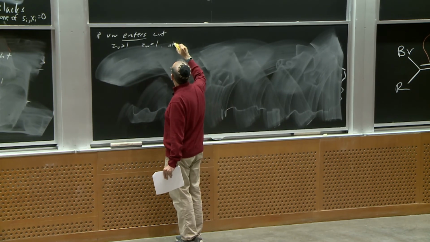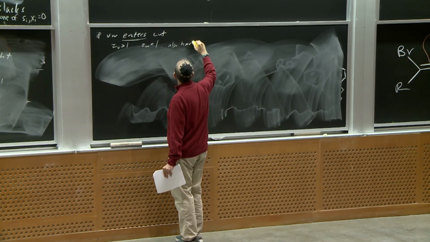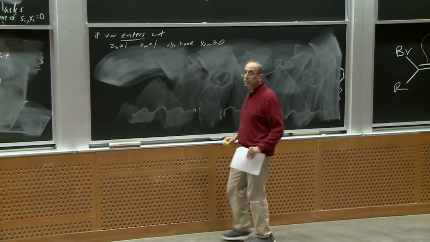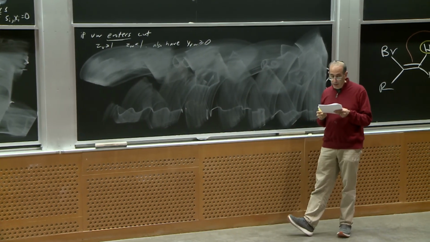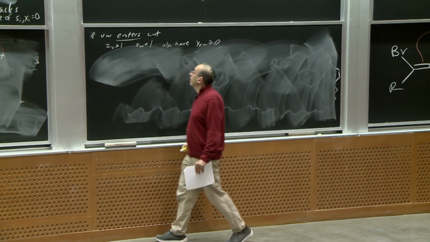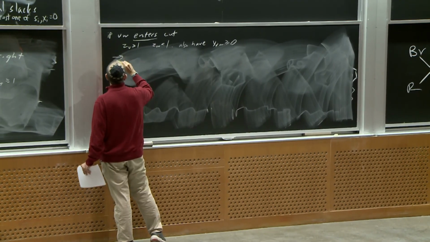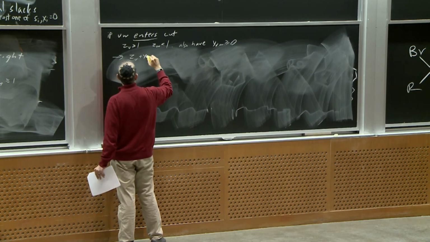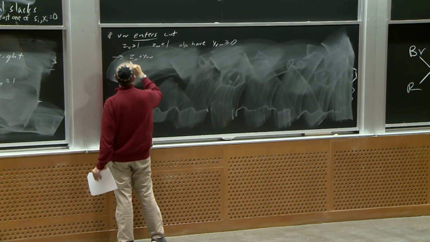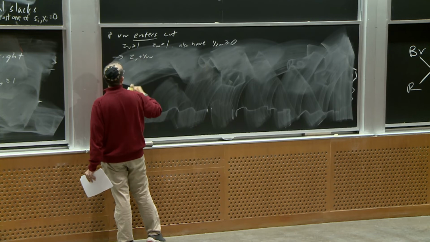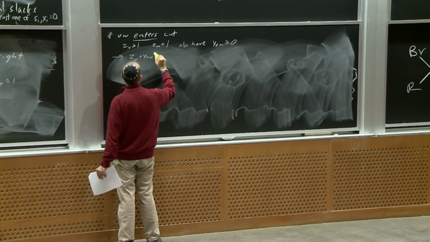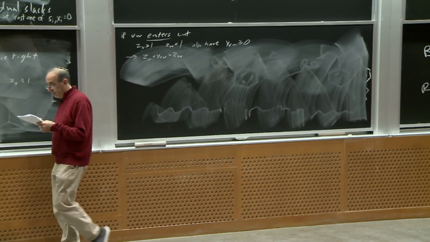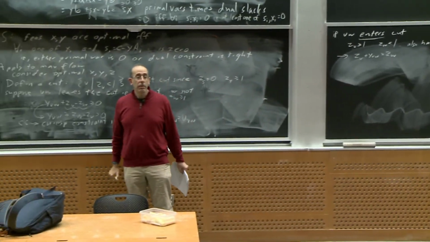Now we also know that YVW is greater than or equal to 0. That's one of the constraints that we have. So if we put these two things together, ZV plus YVW, ZV is already at least 1, and then we add something non-negative to it, that's certainly going to be bigger than ZW.